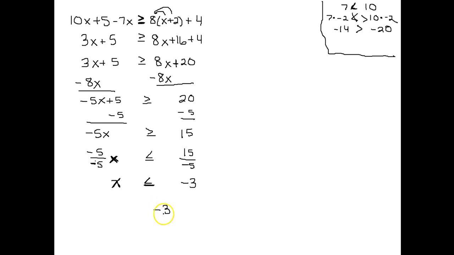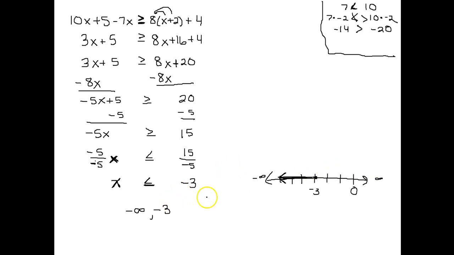So you've got negative 3, or anything less, or to the left, would carry you all the way out to negative infinity. If you think about a number line, you've got negative 3 right here, and then everything less than that is this direction, heading out towards negative infinity.